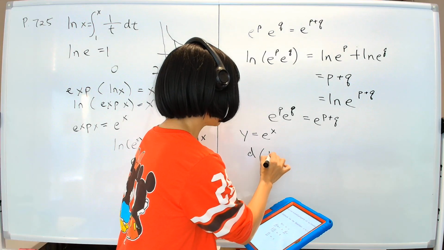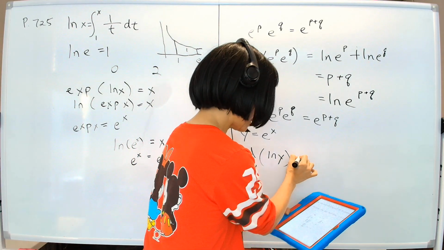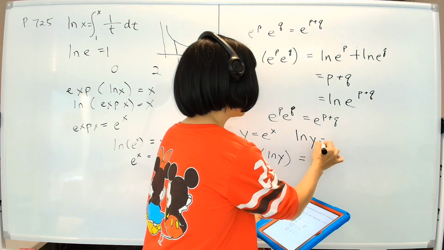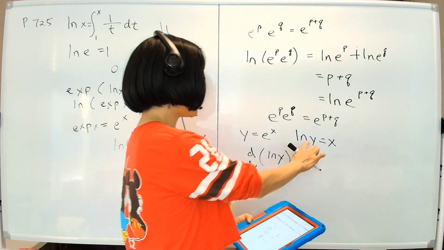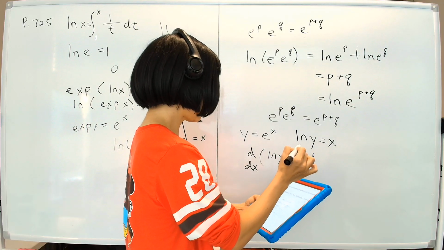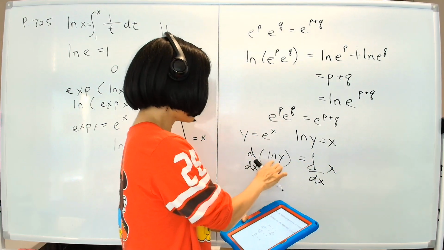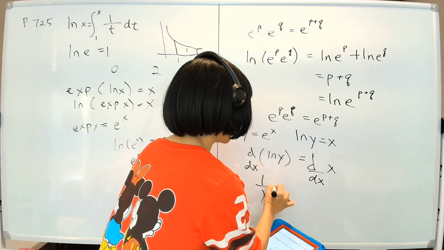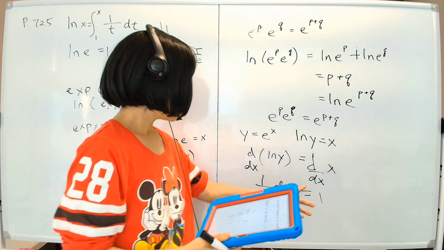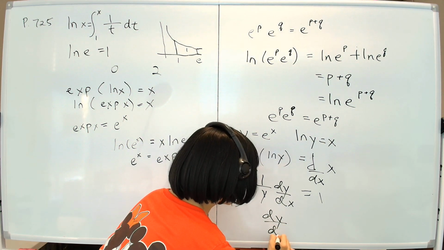So then the natural log of y equals x, right? Taking the derivative with respect to x, the derivative of natural log of y is 1 over y times dy by dx, and this side is just equal to 1 because you're taking the derivative of x. From here you get dy by dx equals y.